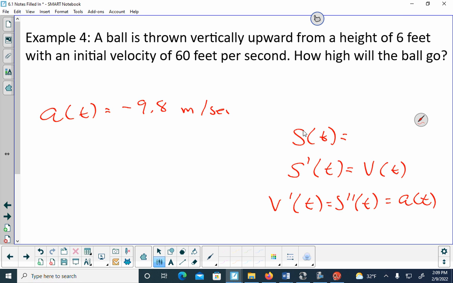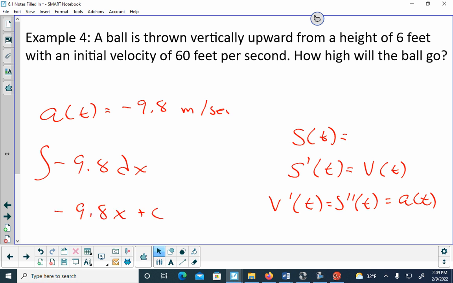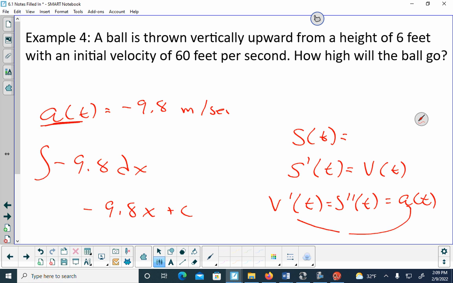What is it? Negative 9.8 x plus c. Since this was the acceleration and I backed it up one step, that is going to be my velocity. And I put x, and I should really put t.